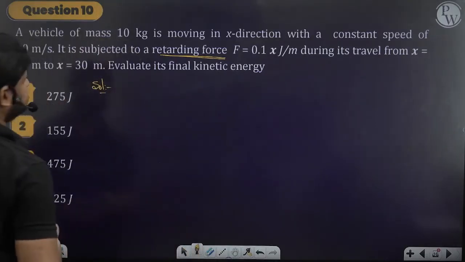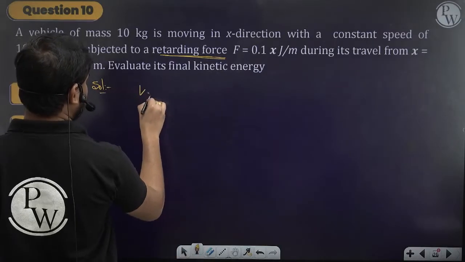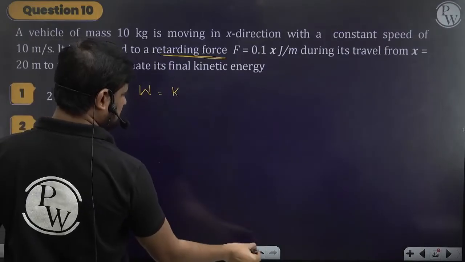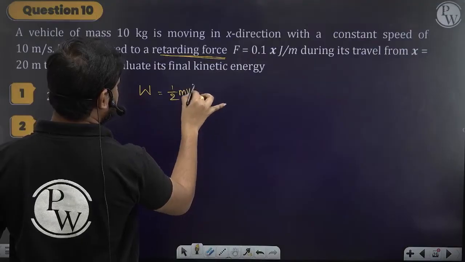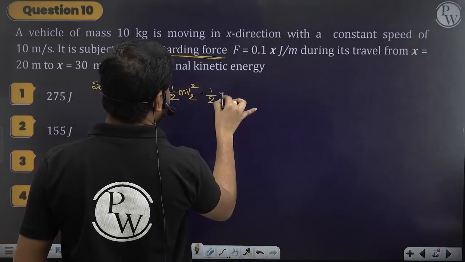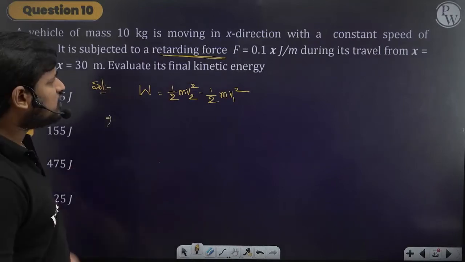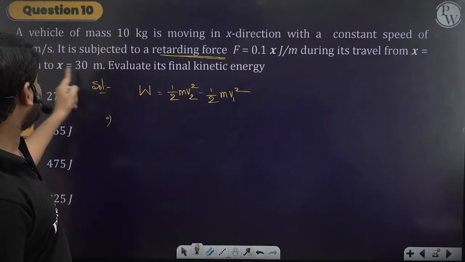See here, the simple thing, again let's use that the work done is equal to the change in kinetic energy. So what is the change in kinetic energy? Half m v2 squared minus half m v1 squared. Just understand the concept, guys. Now see here, in place of work done, the force is given and its displacement is changing from 20 to 30.